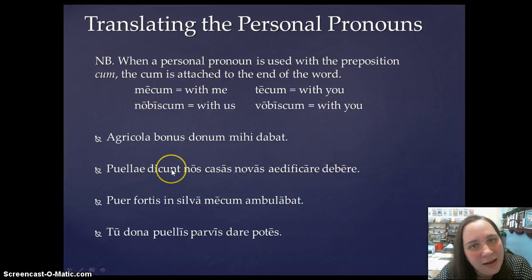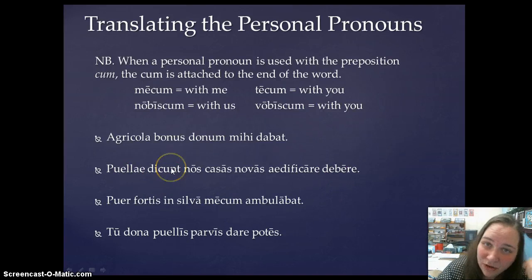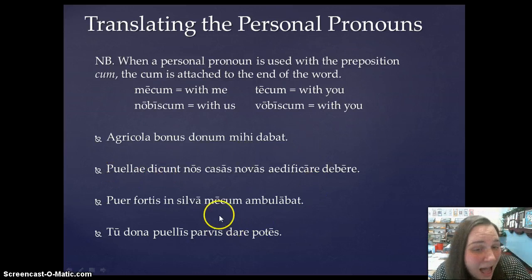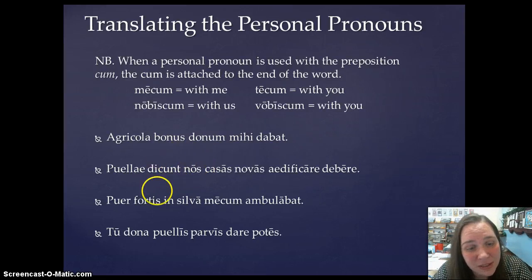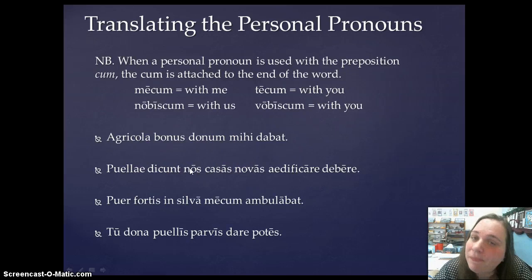So the girls say, now, say is one of those head verbs that tends to set up indirect statement, right? So the girls say that, subject of indirect statement, nos. Remember that the subject of indirect statement is in the accusative, which is why we have nos here. This is the first person plural pronoun. So the girls say that we ought to build new houses.